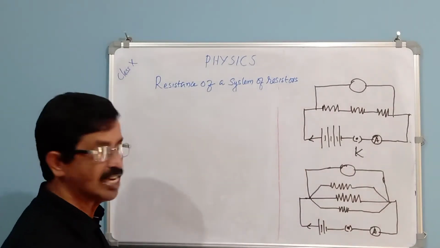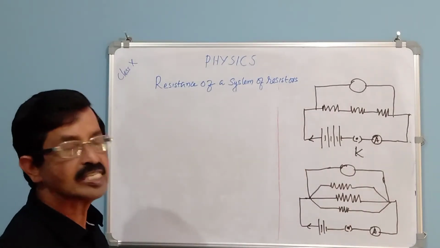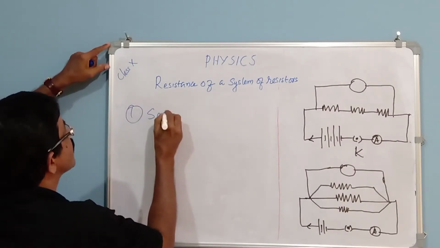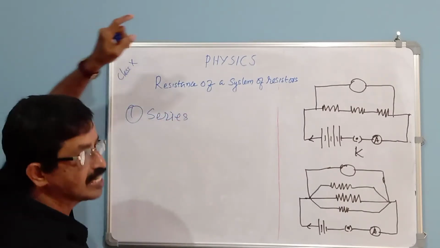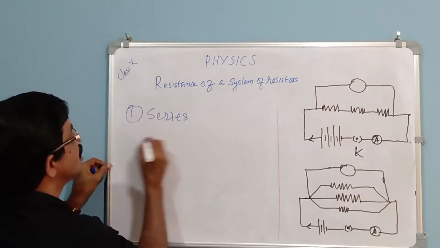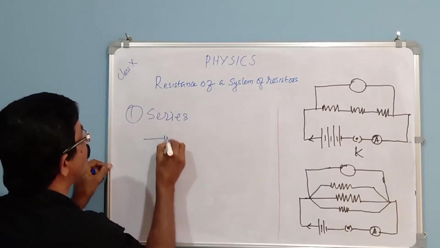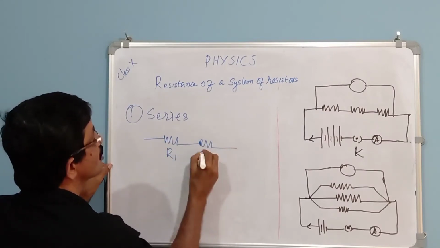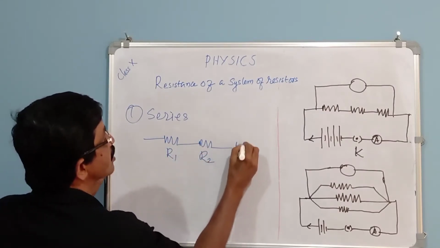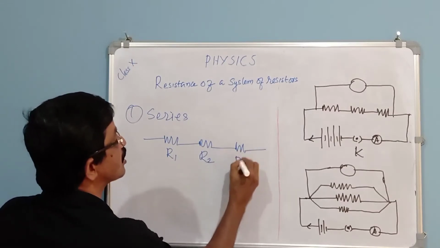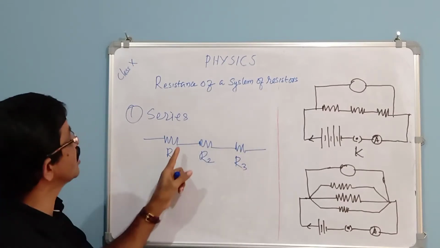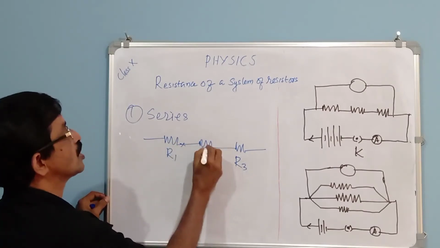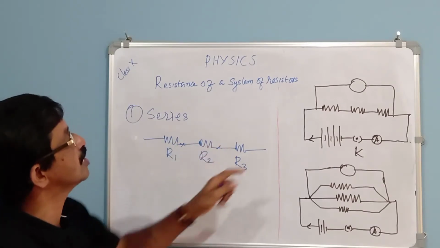We can connect resistors in two different ways. One method is in series. Suppose three resistors R1, R2 and R3 are connected with the end of the first resistor to the second, and the second to the third, in this manner.